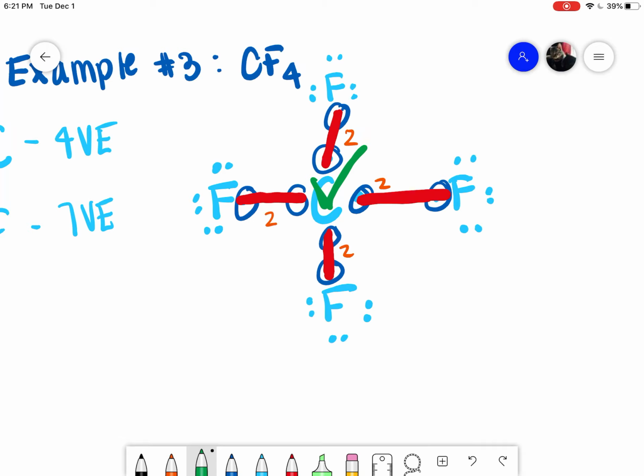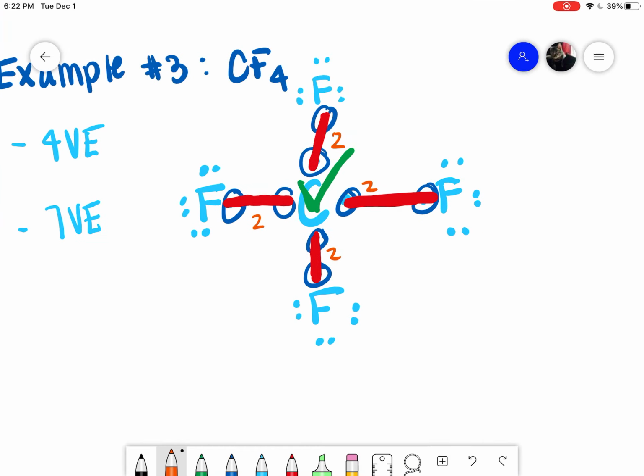Now for fluorine. Fluorine has 3 lone pairs. Each fluorine has 3 lone pairs, so there's 2 valence electrons in each of those lone pairs, and then we again get 2 from our shared pair, so that would be 8. 6 from the lone pairs, and then 2 from the shared pair.